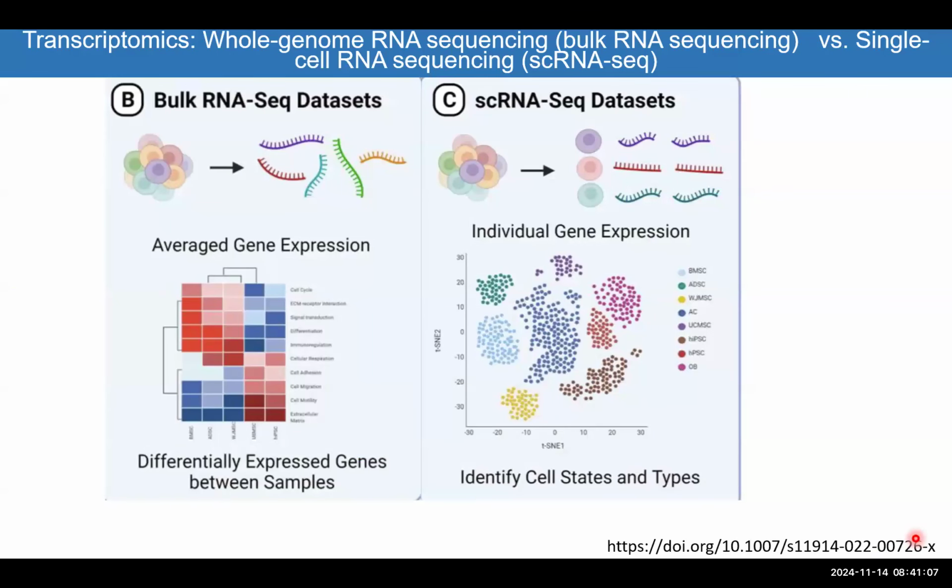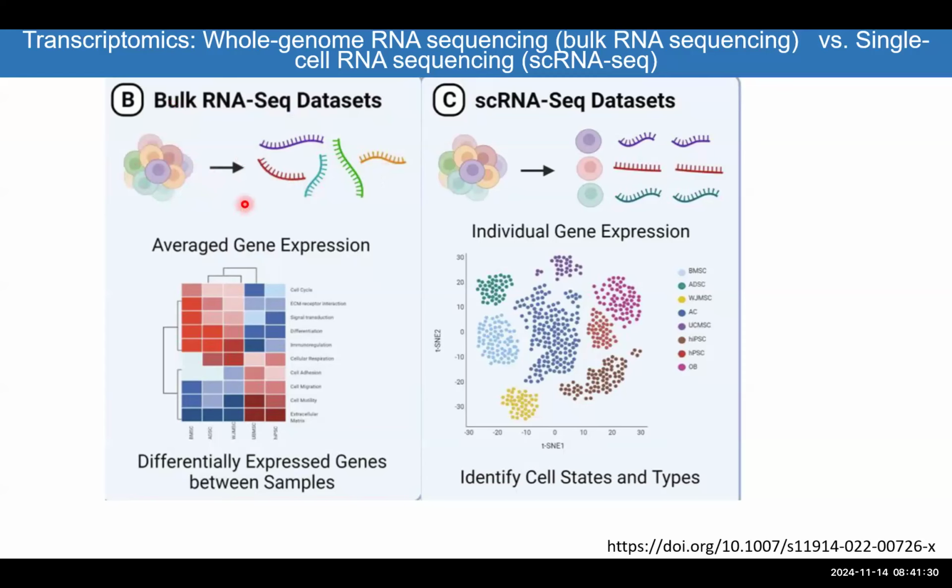So the endpoint was, if I'm comparing a whole tissue from the pancreas of a healthy subject and a pancreas of somebody who had a tumor, then you are taking a group of cells. When you take the group of cells, you are getting all the transcripts from all the cells.